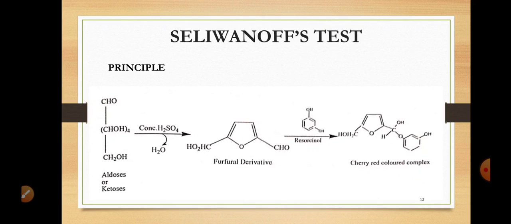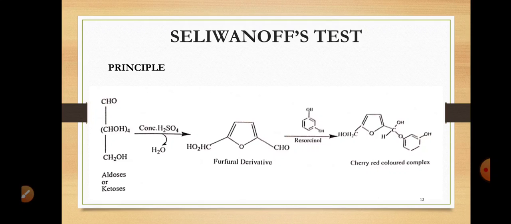It contains resorcinol, concentrated hydrochloric acid and water. The concentration of HCl is about 12%, as the strength of concentrated HCl is 36%. This you should keep in mind. Whatever concentration of HCl we use for the preparation of the reagent is 12%, whereas the actual strength of the concentrated HCl is 36%.